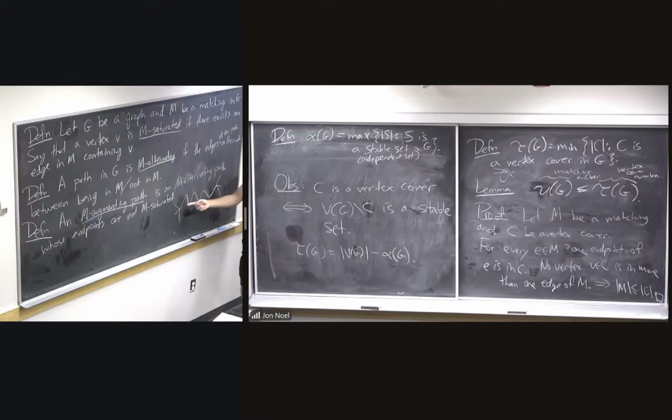If you imagine you've got a path that goes from not in the matching, and so on, and the endpoints are not in any matching edges at all, then because this one's not saturated, I could just put that edge in the matching, take that one out, put that one in, take that one out, put that one in, and now I've gone from 3 edges to 4 edges, and it got bigger, right? So that's the idea of an augmenting path.